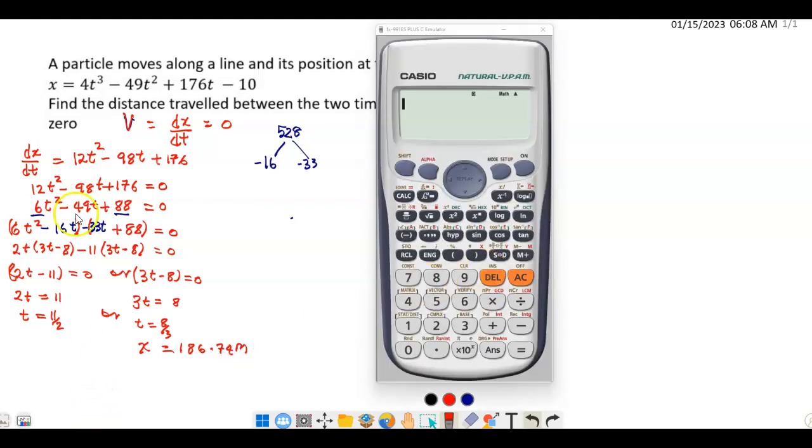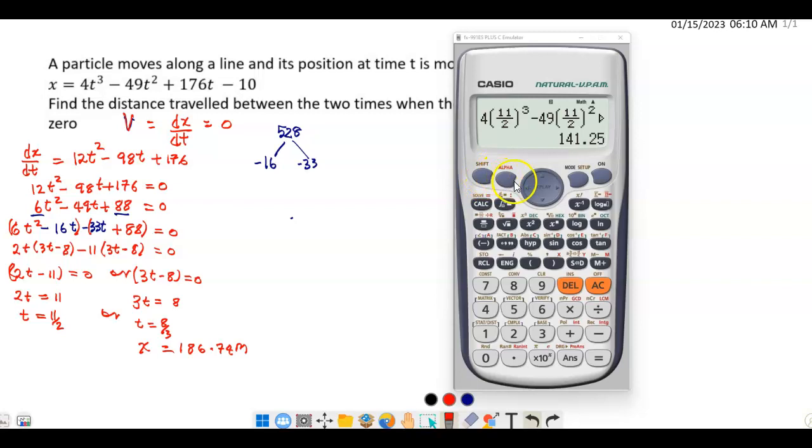So let us work out the value of x when t equals 11 over 2. Wherever we have t, we replace it by 11 over 2.